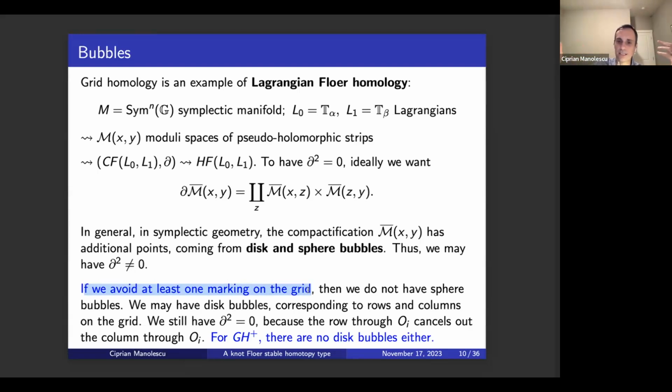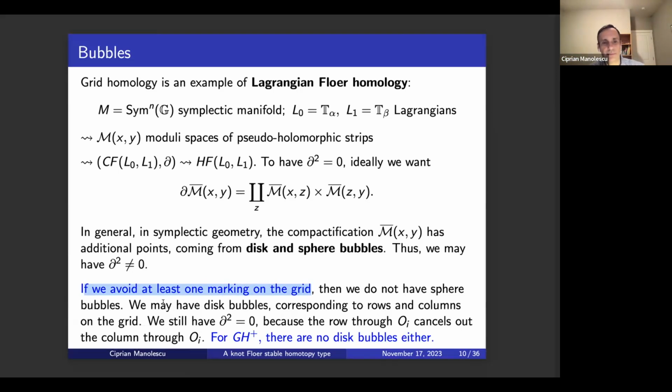In the symmetric product, the homology class of the torus gives you a homotopy class. It actually gives you a spherical class, and that's where you can have sphere bubbles. But if you avoid at least one marking, then you don't have sphere bubbles. So again, you can have many versions depending on how you count the X or O markings.